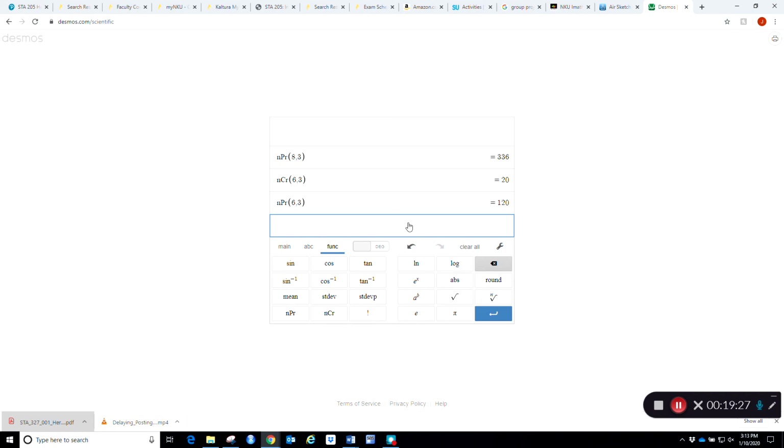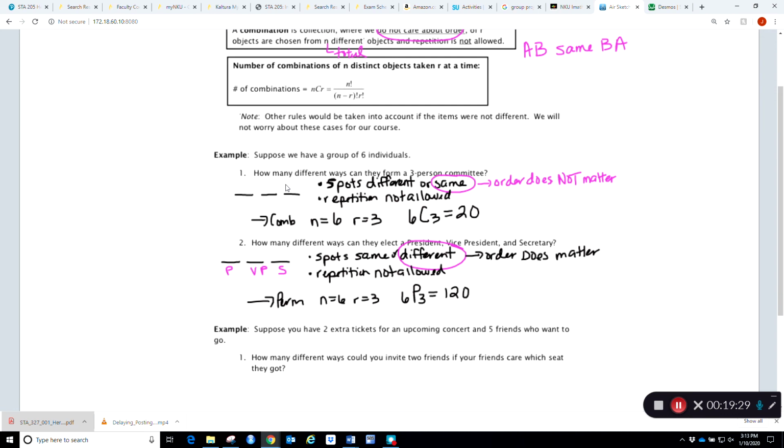So notice for this example, the only thing that was different between part 1 and part 2 is that order mattered in the second part, but not in the first part. So what should we notice? There are more ways of ordering those 3 people than to not order those 3 people.